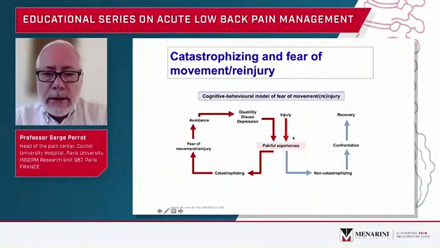And looking at the drugs, the analgesics that we can use, we have mainly opioids, NSAIDs, steroid injection, topical approaches, and for chronic pain patients or patients that are at risk of chronicity, we will also use antidepressants and anticonvulsants. And that is how we should treat the patient. It's the use of a multimodal approach.